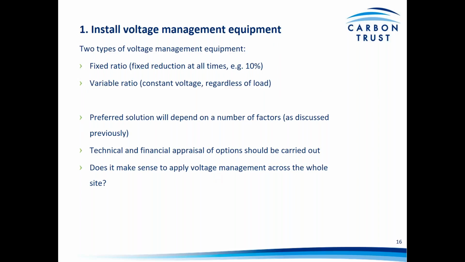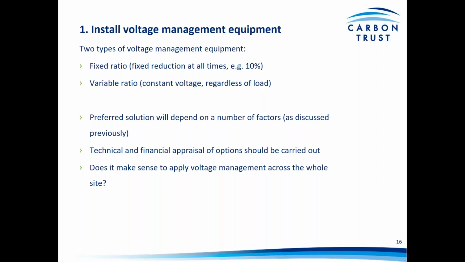So to go into these three options in a little bit more detail, with voltage management equipment, there are essentially two types. So you have fixed ratio, where you are just applying a fixed reduction to the supply voltage at all times.